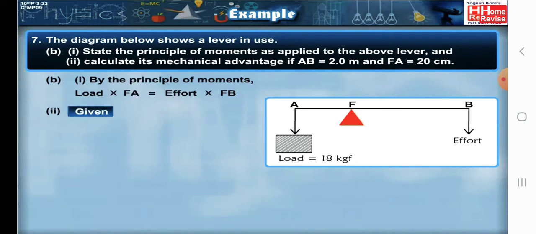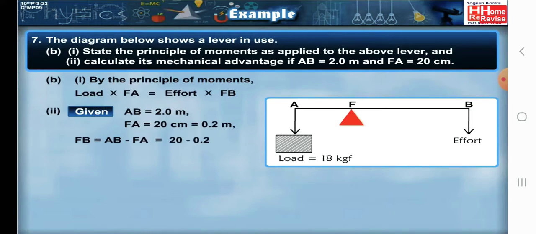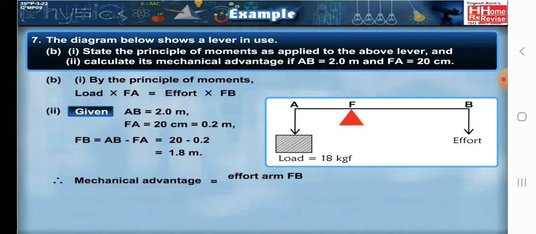Second, given AB is equal to 2.0 meters, FA is equal to 20 centimeters, which is equal to 0.2 meters. FB is equal to AB minus FA, which is equal to 2.0 minus 0.2, which equals 1.8 meters. Therefore, mechanical advantage is equal to effort arm FB upon load arm FA, which is equal to 1.8 meters upon 0.2 meters, which is equal to 9.